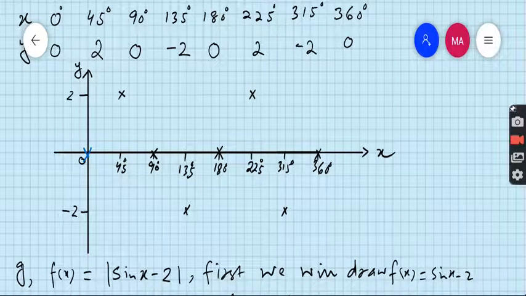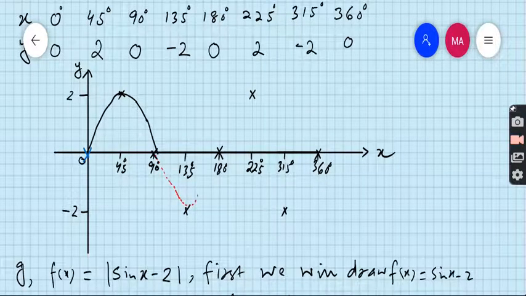Join all the points. And the below points should be joined with a dotted line. Then again draw a full line.